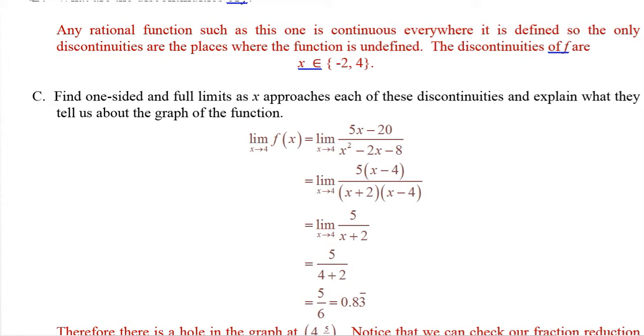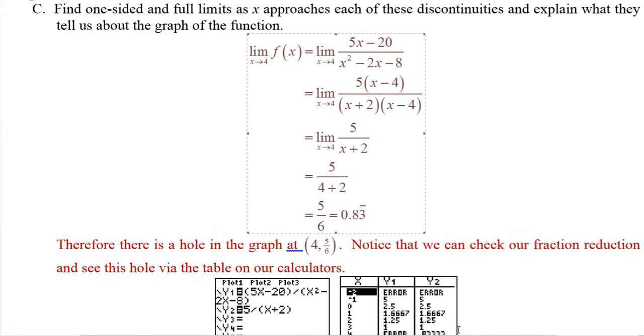Okay, and I've kind of already said this one, but the limit as x goes to 4 of f of x. Well, there's the function, and again, it reduces to this, provided x is not 4, but x is not 4, it's only approaching 4 for the limit. And so here we can just plug in 4, and we see 5 over 6, or in decimal form 0.8333 with the 3 repeated. So again, that's a hole in the graph.